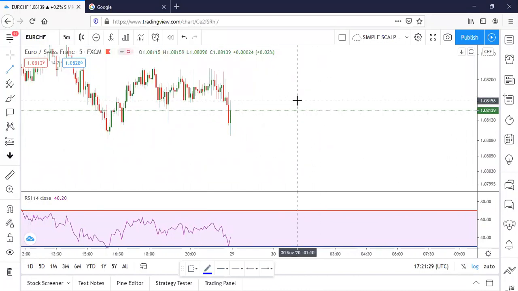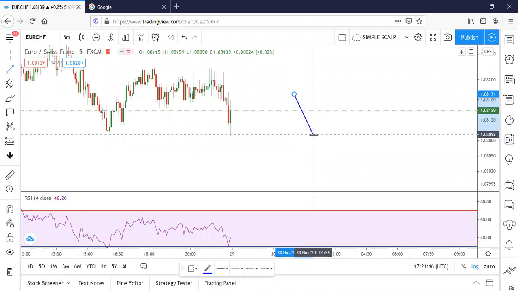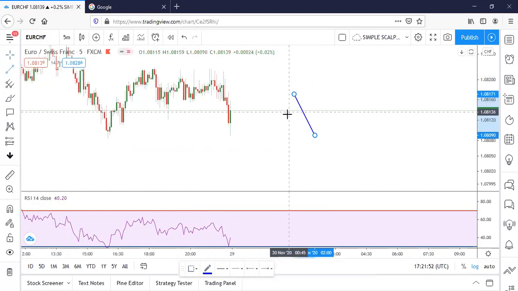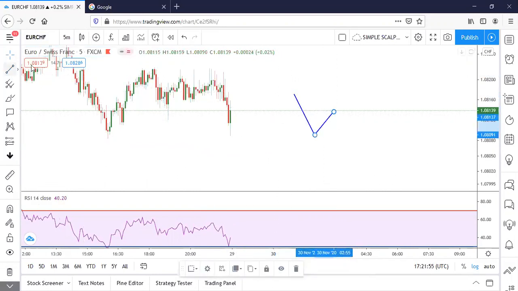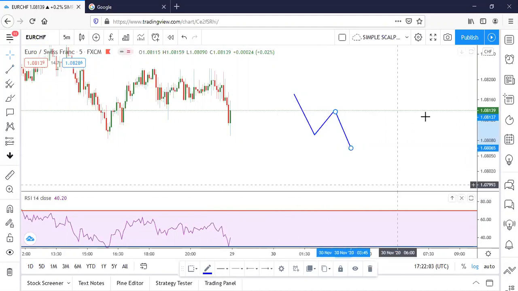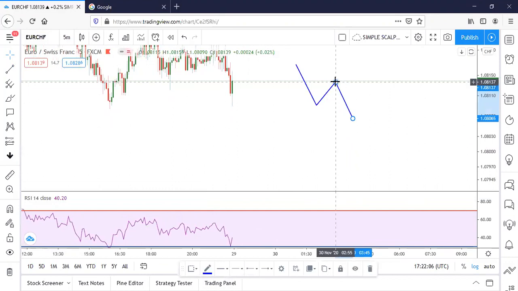If you have a good understanding of one part of it, then it will be very easy for you to invert it to the other side to get the other part of the signal. So let's assume price is giving you a lower high. This is a lower high, right? Now you come to your indicator, and your indicator is giving you something like this.